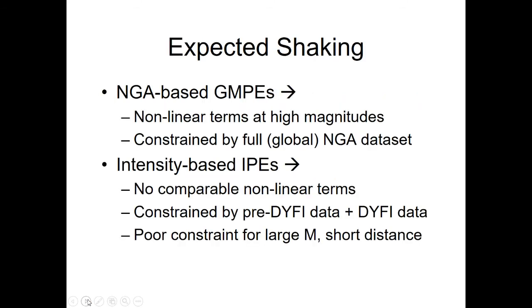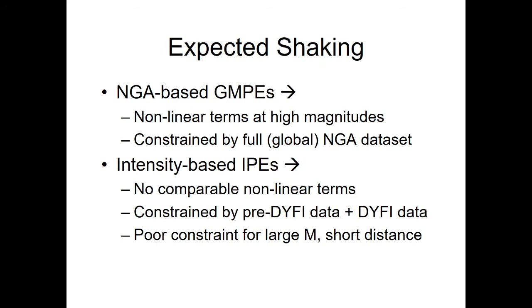And I'm going to skip over some of the details on this. But because you have these good, modern, well-constrained ground motion prediction equations, you're actually doing a good job of predicting this nonlinear behavior.